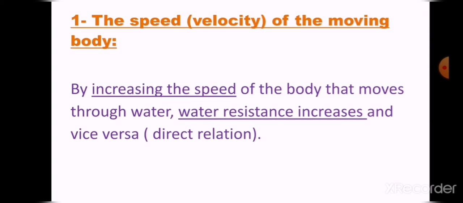Let's start with number 1, the speed or the velocity of the moving body. By increasing the speed of the body that moves through water, when the fish moves at high speed, the water resistance increases. So there is a direct relation between them.